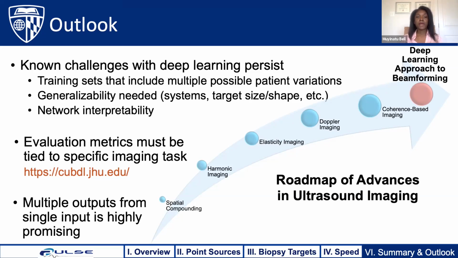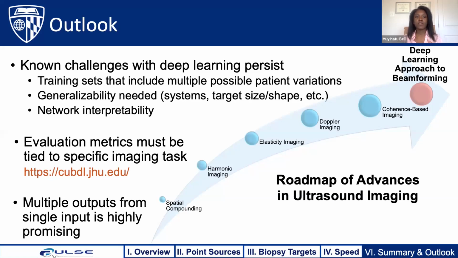You've also seen throughout this presentation several different evaluation metrics that I use, such as dissimilarity coefficient. I've also used image-to-image correlation and network speed as different metrics for quantifying the performance of our deep learning approach. And this shows us that the evaluation metrics can vary, but they must be tied to the specific imaging task.